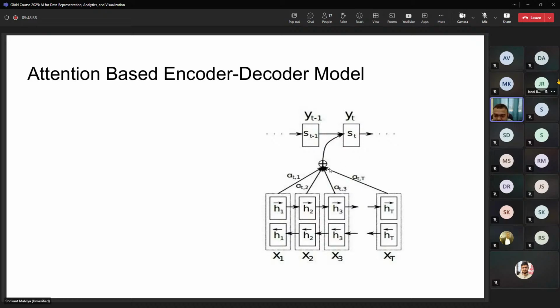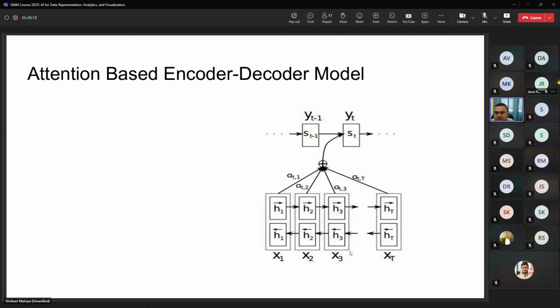And the best thing happening here is, for each generation, it will have different probabilities, which are estimated through the softmax function by applying the dot product of the previous output and these representations. These probabilities will decide how much the current generation should be influenced by each and every input, and that's actually the more natural logic. For example, take machine translation: when we translate manually, we generate two words.